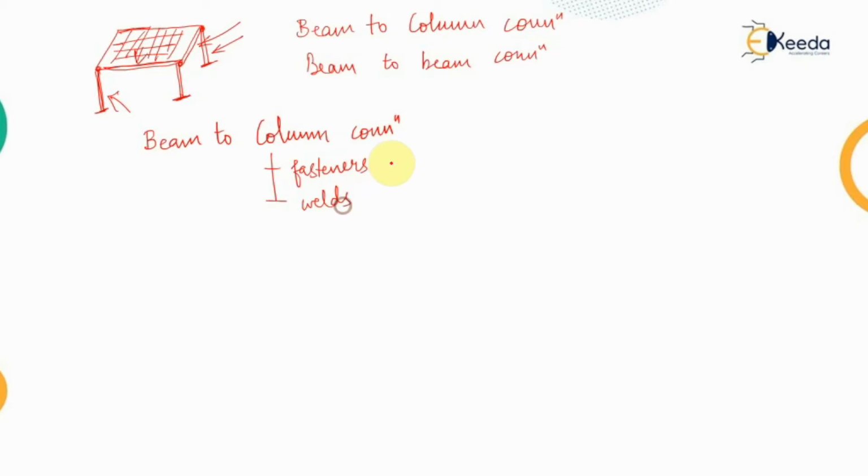Now in the case of the fasteners, we are having two options, that is the rivets or either using the bolts. Now as per the Indian Standard Code number 800 edition of 2007, it recommends the use of the bolts because it is more ductile.